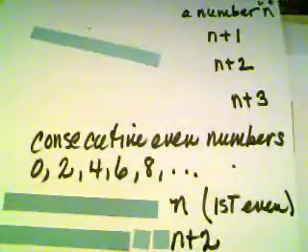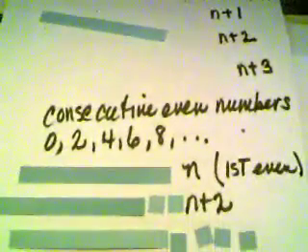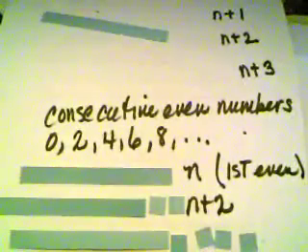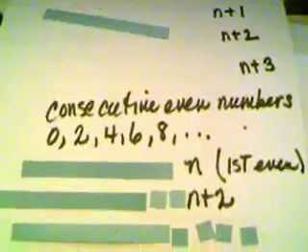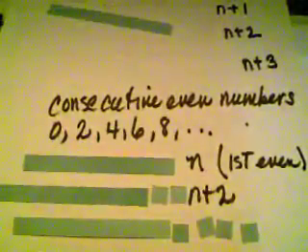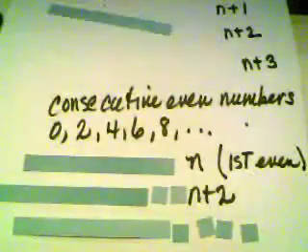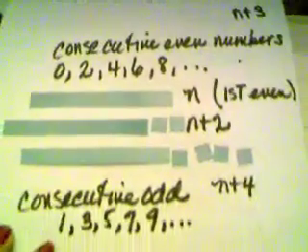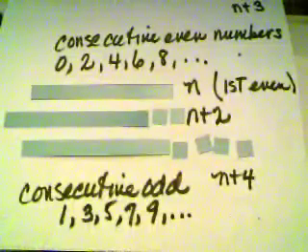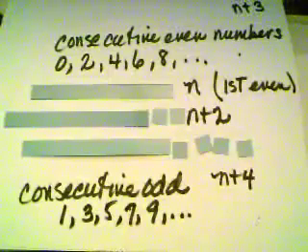If you want to represent consecutive odd numbers, you know, 1, 3, 5, 7, 9, those differ by 2 as well. And so there would be no difference in how you represent those with the variables.